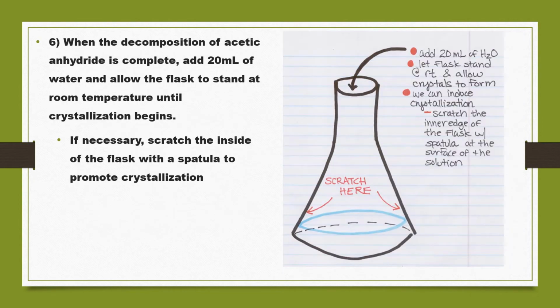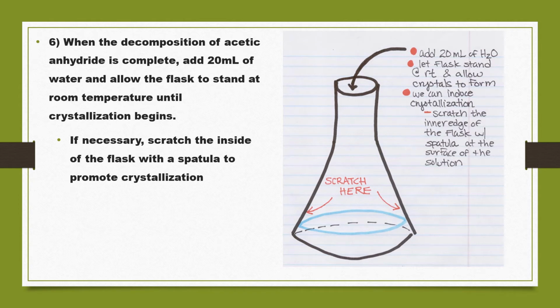Next, you can add 20 milliliters of water again, and let the flask stand for some time, so that you allow the formation of crystals. Crystals sometimes do not form, especially when you do not follow the experimental procedure strictly.